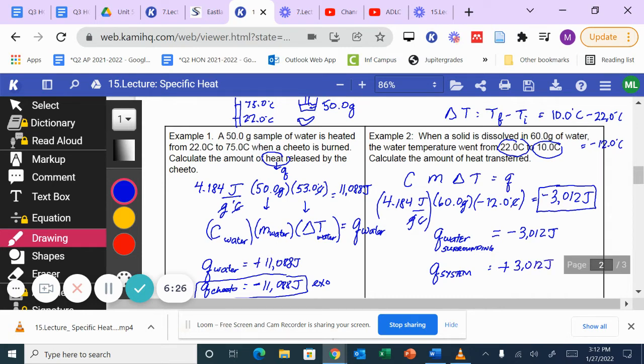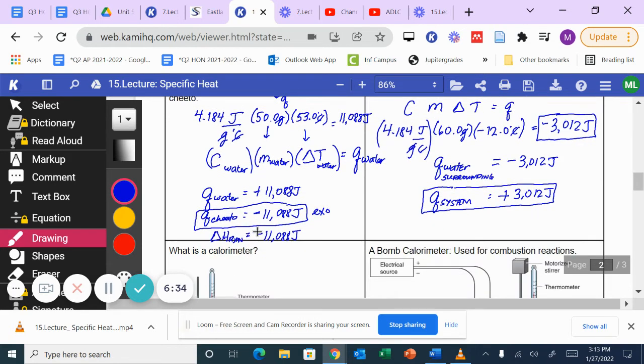So the amount of heat transferred is this. We're looking at the system, but we're measuring the surroundings. This is also called delta H, because there's no work, equal to positive 3012 joules.